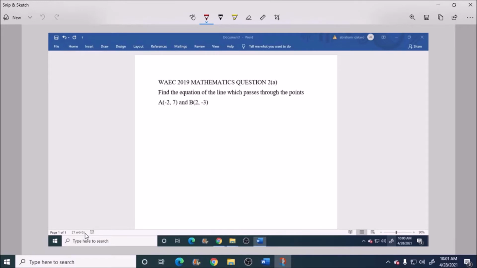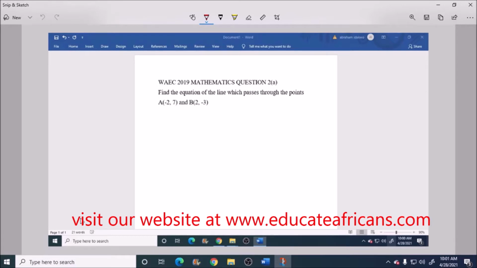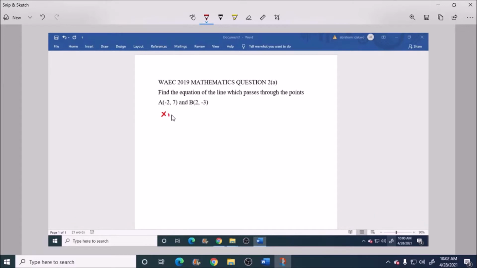Okay, so from the question we have x1 is equal to minus 2, y1 is equal to 7, x2 is equal to 2, and y2 is equal to minus 3.